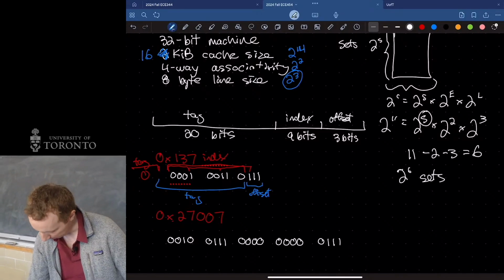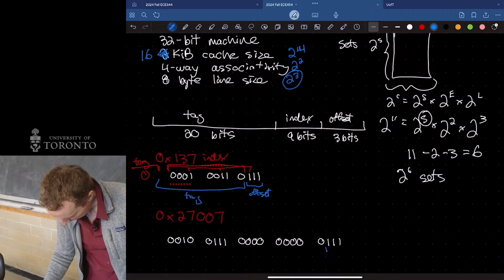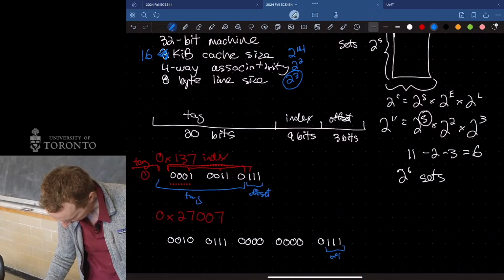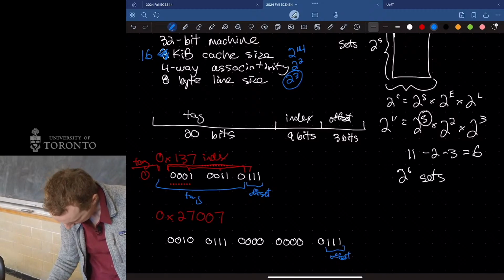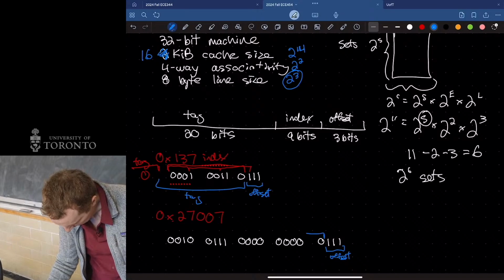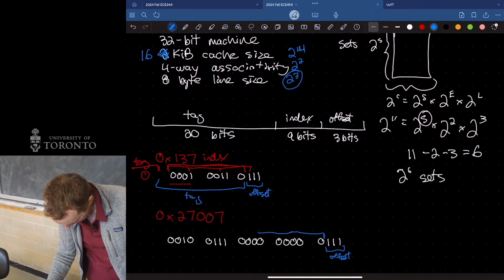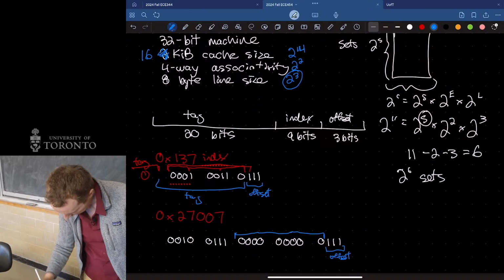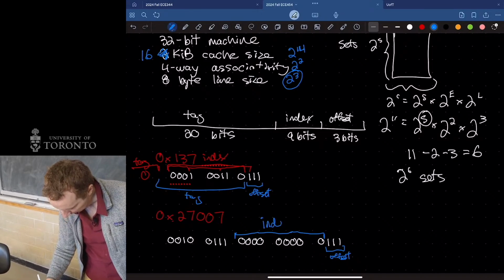Same thing like before. The 3 bits here are my offset, so that's offset 7. The next 9 bits are all zeros. This is my index, right?